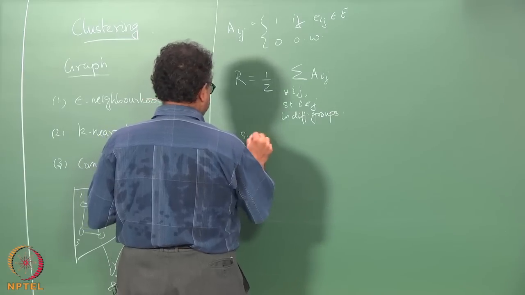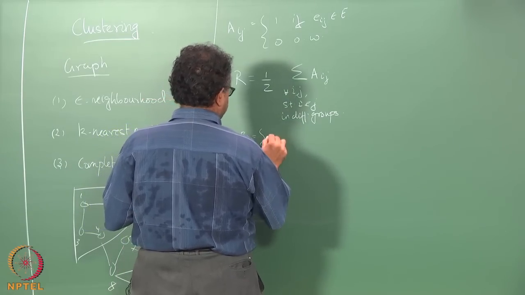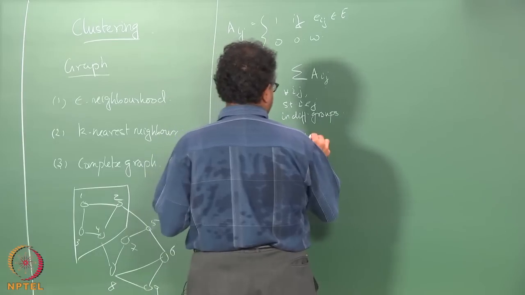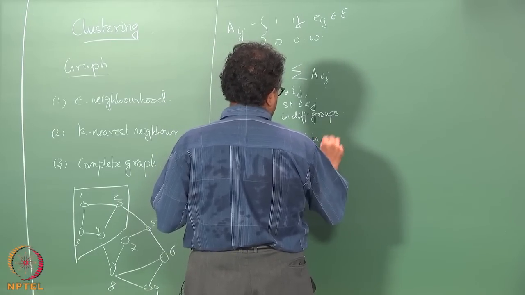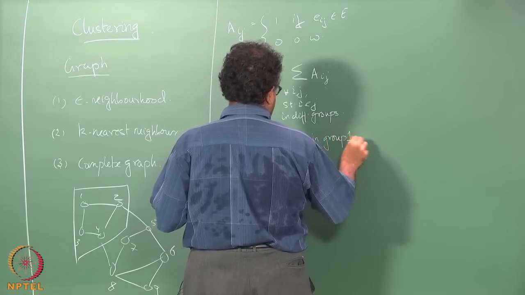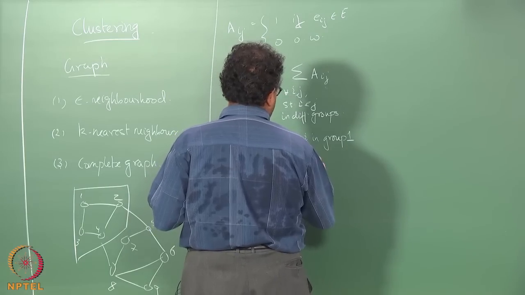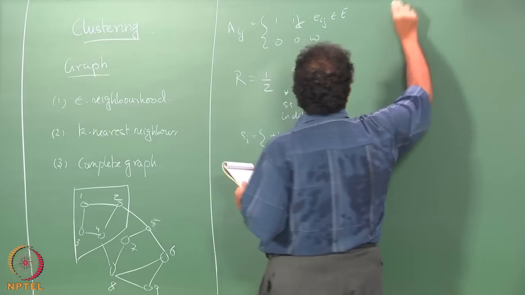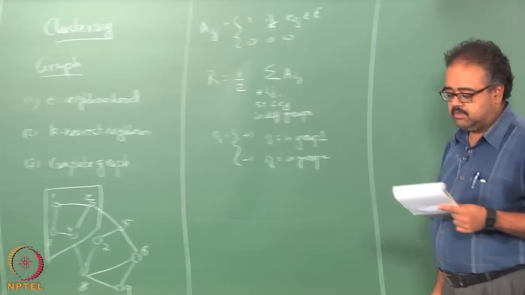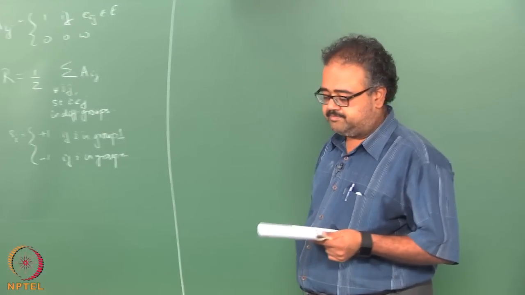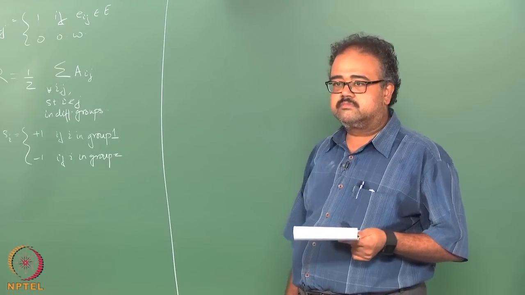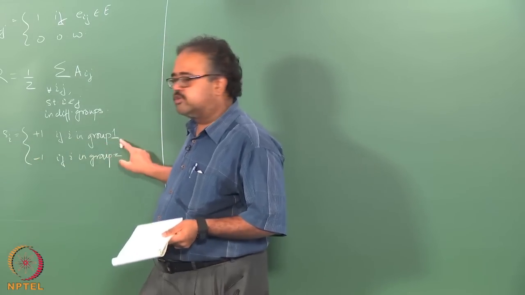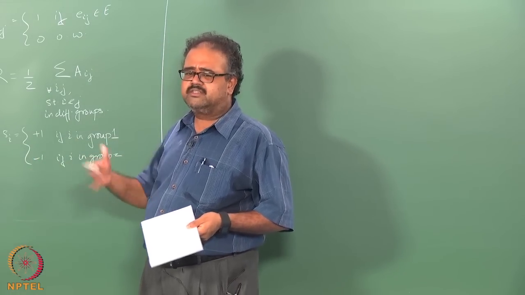Some more notation. Right. So I am saying Si is plus 1 if i is in group 1, it is minus 1 if i is in group 2, just an indicator variable.